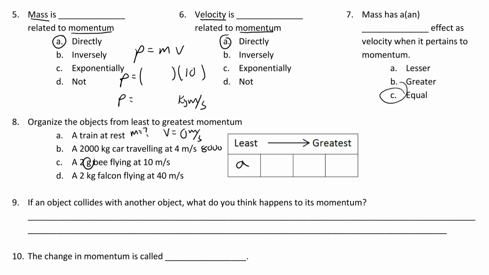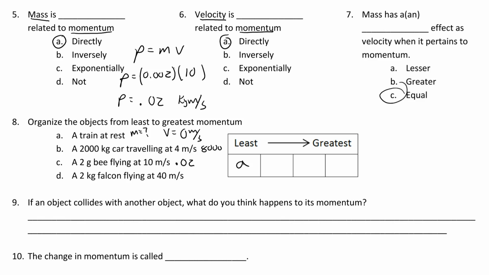Now this is 2 grams, so it's even less in kilograms. It's 3 decimal places for kilo, so you've got 0.002 times 10. You get 0.02 kilogram meters per second. Not very much momentum at all, especially compared to the momentum of a car. We're talking about a bee here.